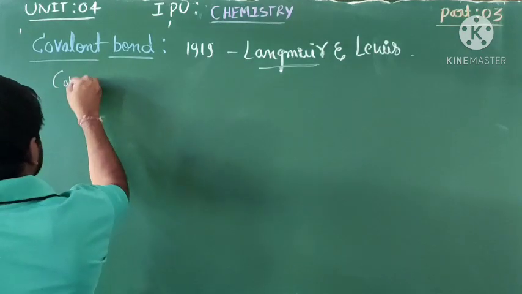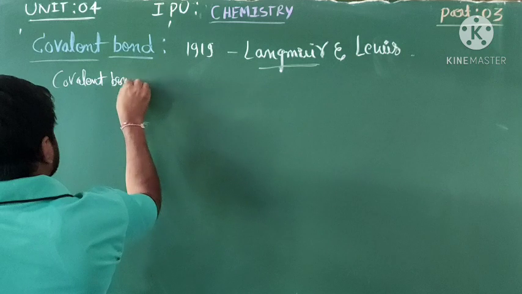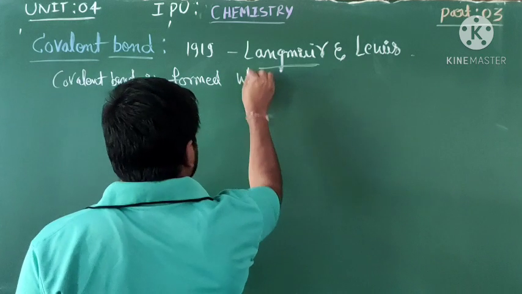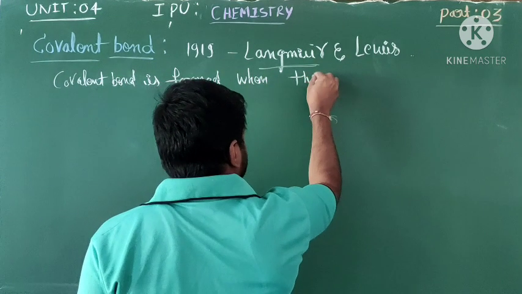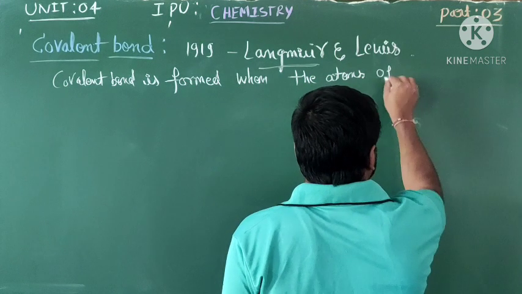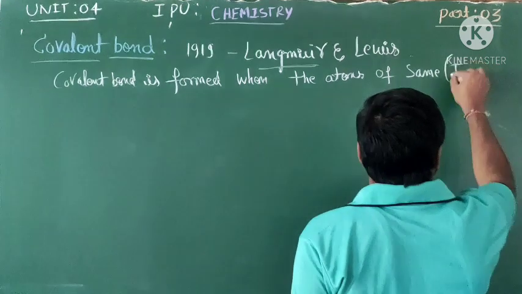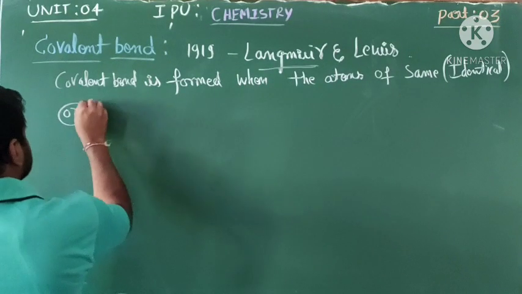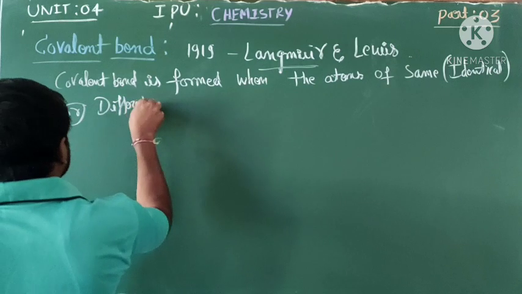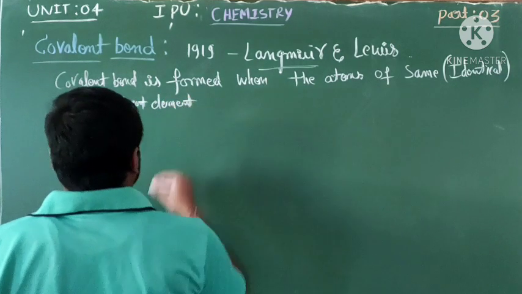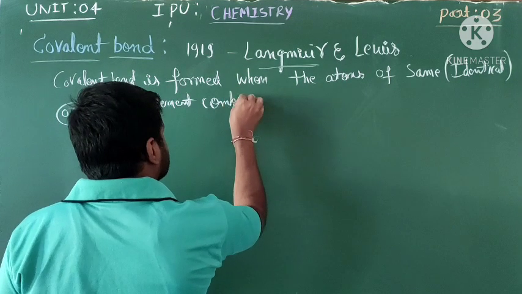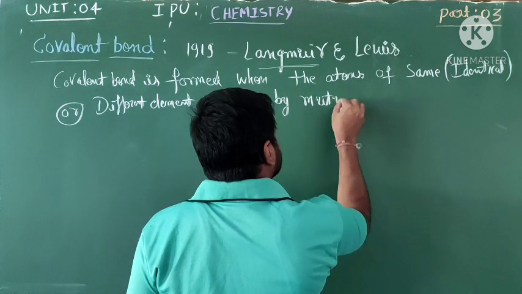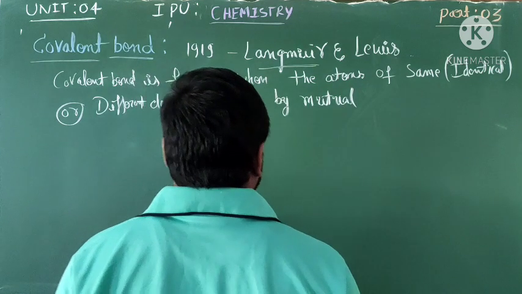The covalent bond is formed when the atoms of the same or identical, or different elements combine by mutual sharing of electrons.